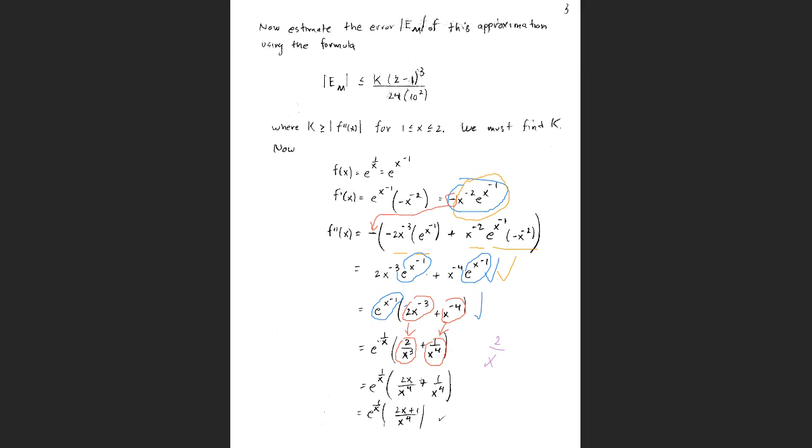So I have this 2 over x cubed, and what I'm going to do is multiply it on the top and the bottom by x, and then I have the plus 1 over x to the fourth. And then I'll have a common denominator of x to the fourth. That gets me the sum of those two fractions, but they have the common denominator.